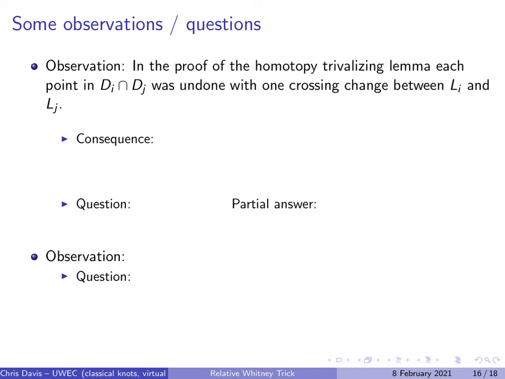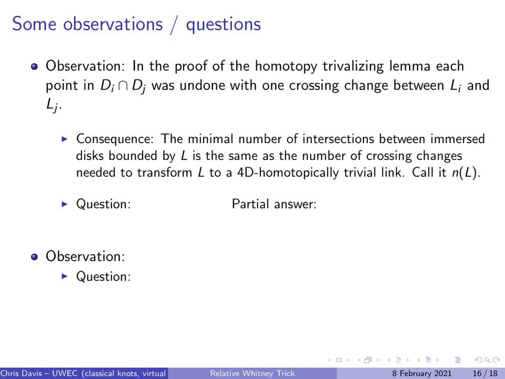So here's one observation. In the proof of the homotopy trivializing lemma, whenever I undid a point in the intersection of two Morse disks, all that I changed the original link by was a single crossing change between the associated components of the link. So as a consequence, you get the following result. The minimal number of intersections between Morse disks bounded by L, so take any collection of Morse disks bounded by the components of L, compute all of the intersections between those disks, sum them up, take the minimum over all collections of disks.